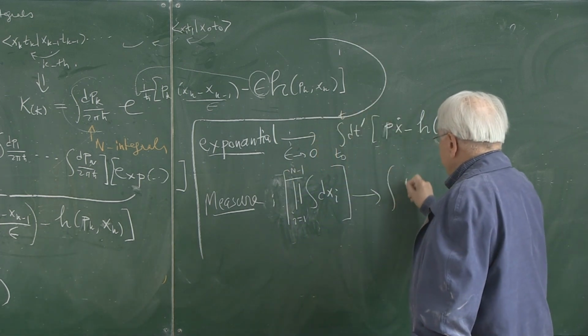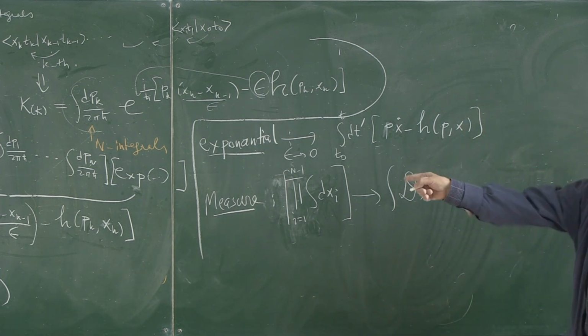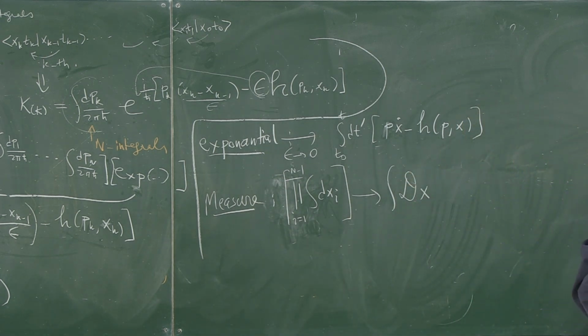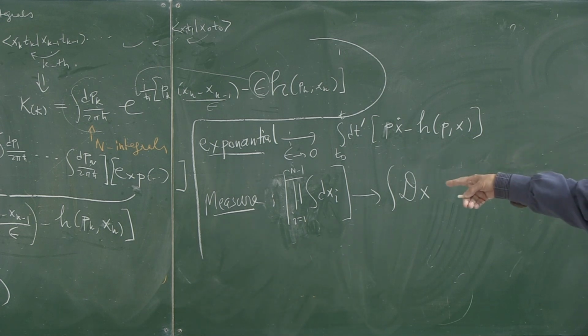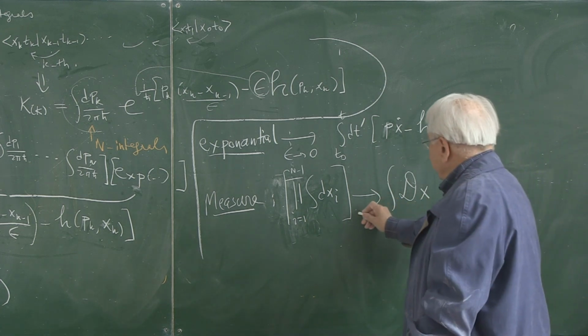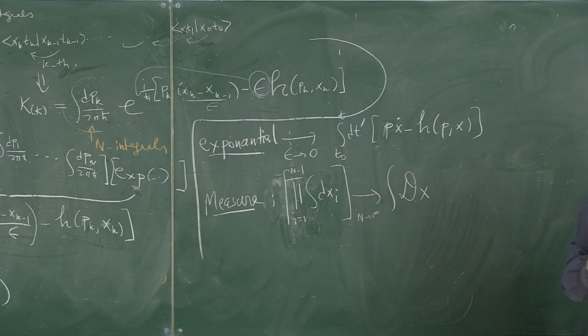We will denote this using Feynman's notation. That's Dx. That's a new measure. The definition is this. When you unfold to carry out the expressions, the measure is to be unfolded like this. So when n goes to infinity, we will denote it as such. That's the Feynman measure. That's the one part.